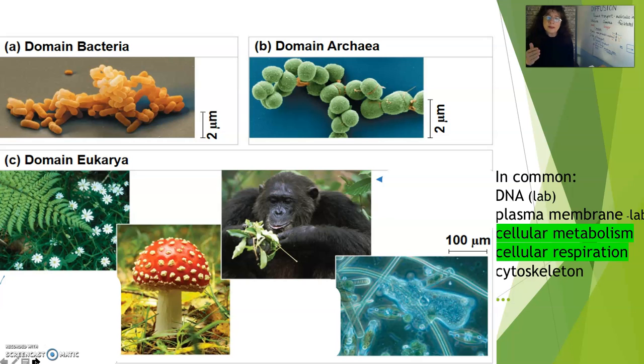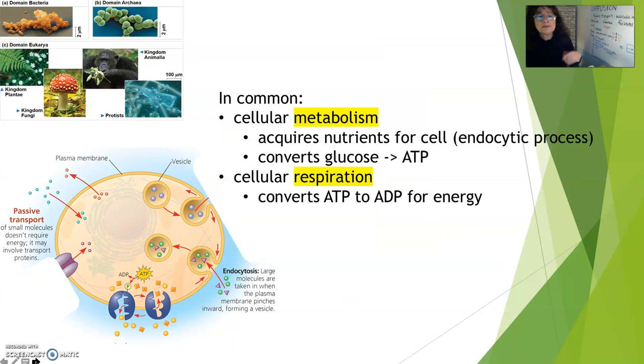Now, we've talked about the things that all of these cells have in common: RNA, DNA, plasma membranes. Now let's get to energy sources and cellular metabolism and cellular respiration and what they have in common between all of these cells. Cellular metabolism is the ability to take in nutrients into the cell, and that is generally through an endocytic process to move these materials into a cell.